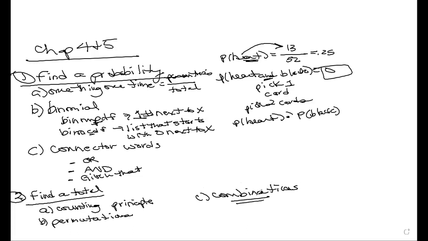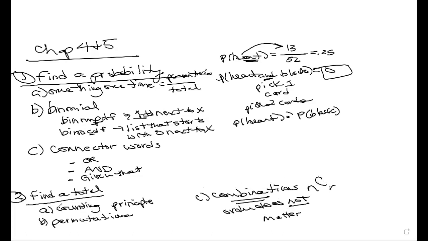And remember, combinations is the one where order does not matter. The calculator does that, because this formula is programmed into your machine, but you've got to know where to go get it.